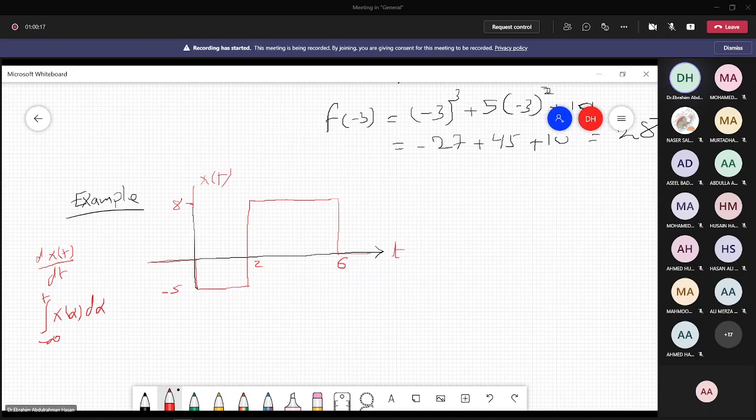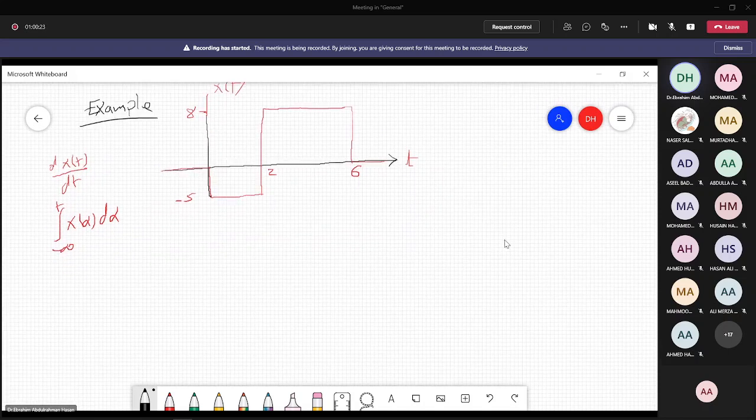As we said before, use the shortcut method. Put here: this is 0, this is minus 5, this is 8, and this is 0.